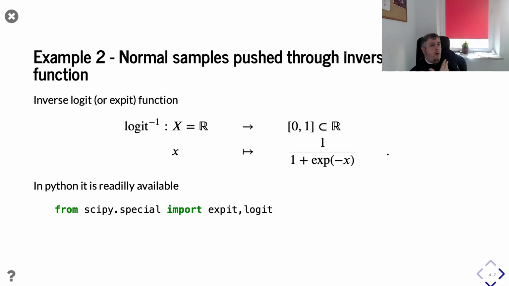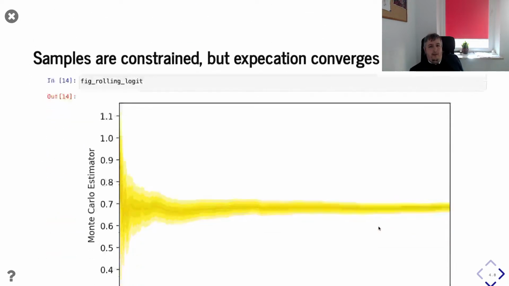When we take, for example, a data transformation, we can compute statistics as easily as previously. For example, if we take the inverse logistic function, the expit function, which allows us to transfer from real numbers to the 0-1 interval, then something that would require more advanced computation is easy to compute.